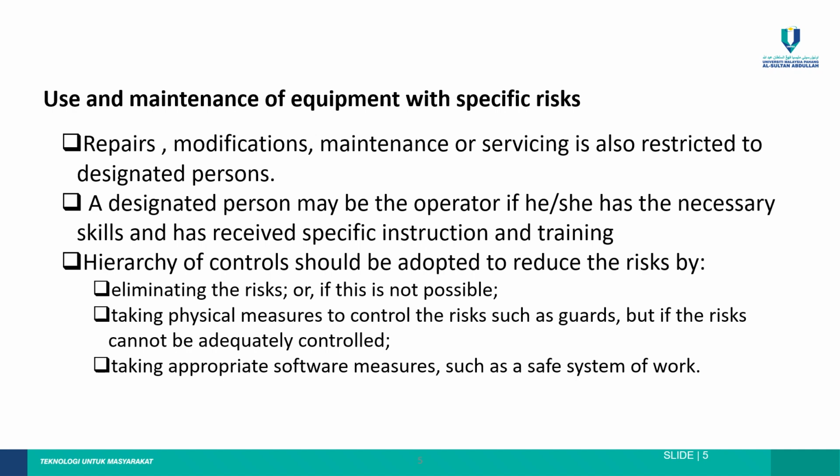It is wrong. Always remember that PPE is the last resort, the least preferable control. So you start with elimination, isolation, and whatnot. Try to think of something that could be used to protect yourself, to control the hazard. Then if there is no other measure that could be taken, then you could go for PPE.